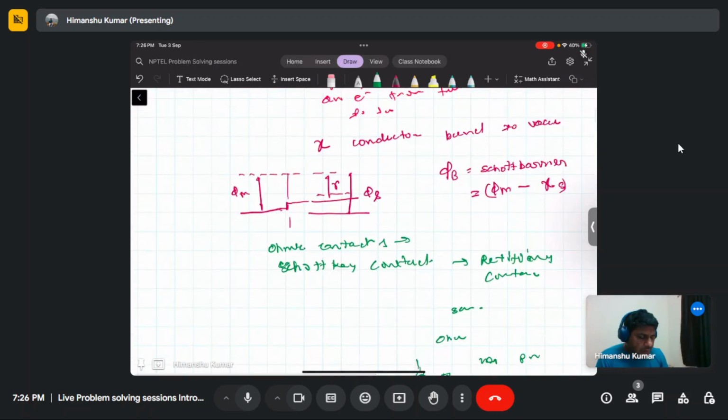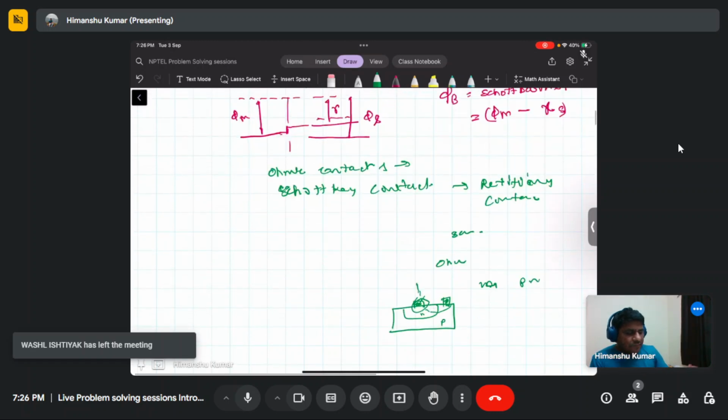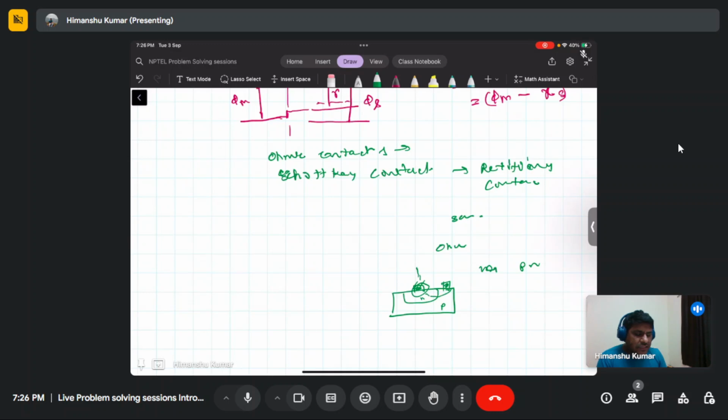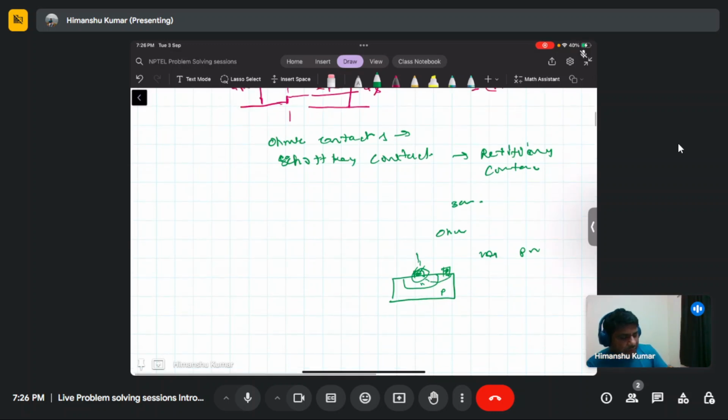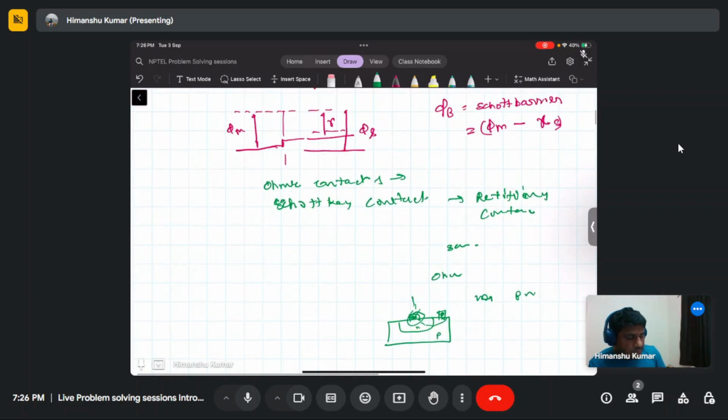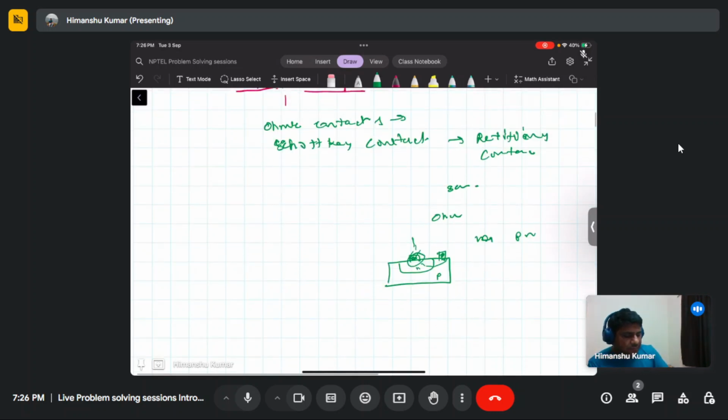There are two different cases. If the semiconductor work function is smaller than the metal work function, then it will be a Schottky contact.